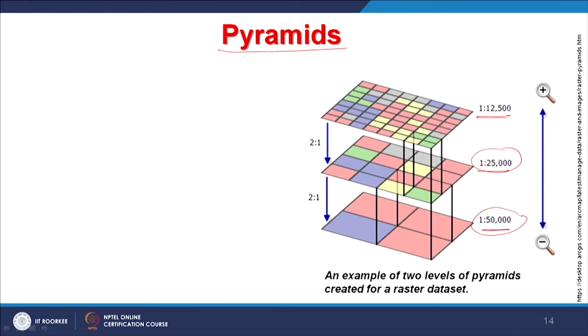So, if a pyramid has been constructed for any image, then it will make my display very fast. And as I have said, ArcGIS has implemented this concept very successfully.